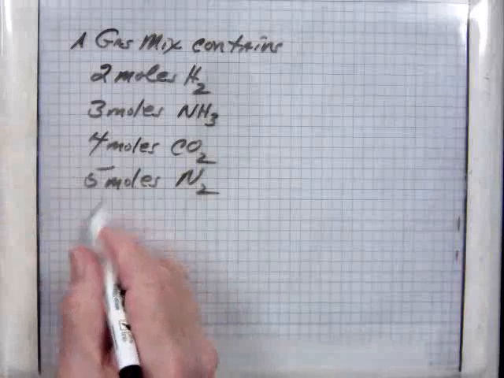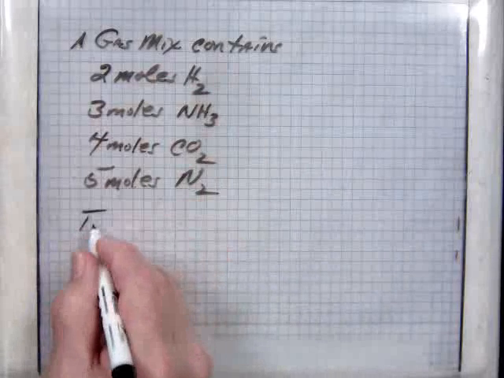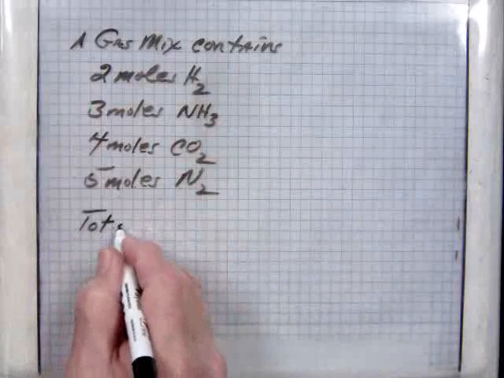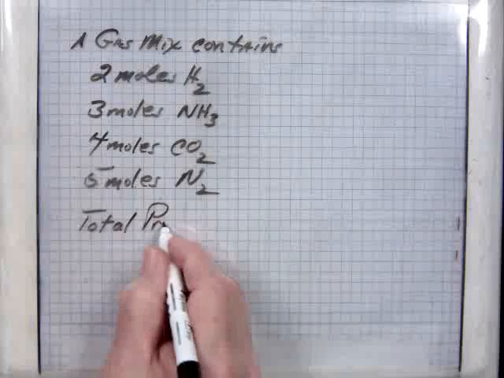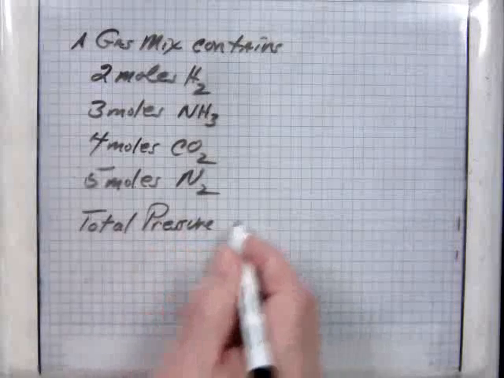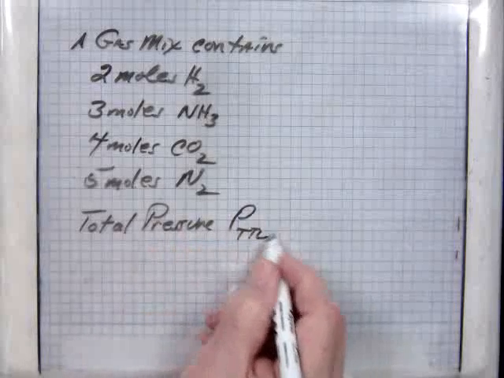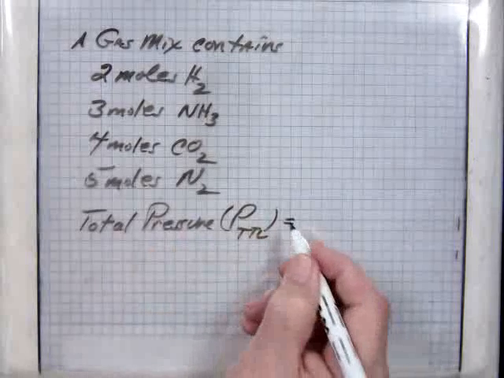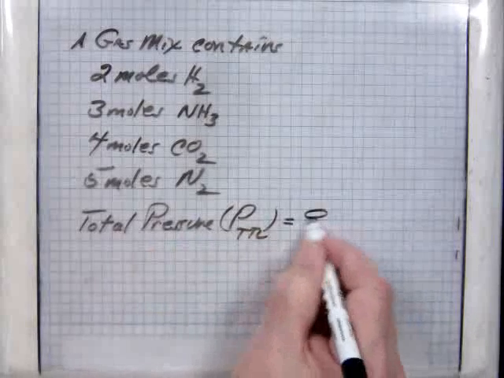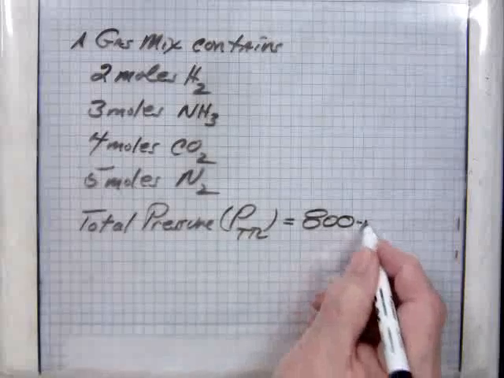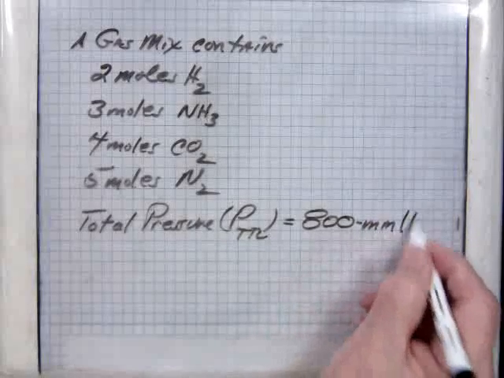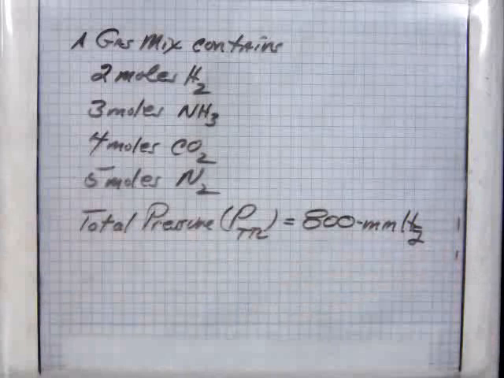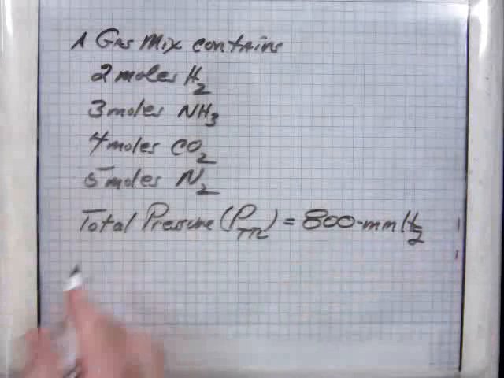And together, the total pressure is 800 millimeters of mercury. What's the partial pressure of each gas?